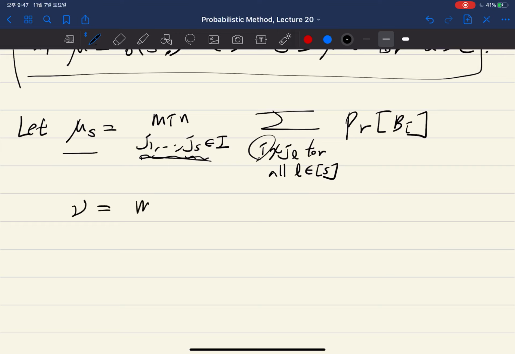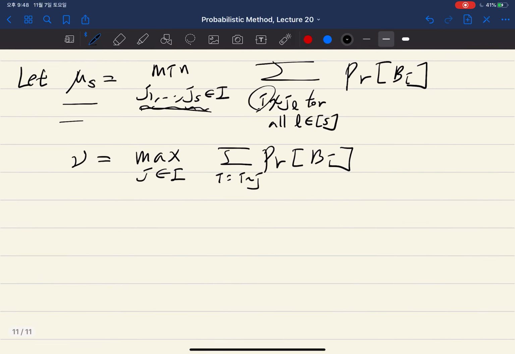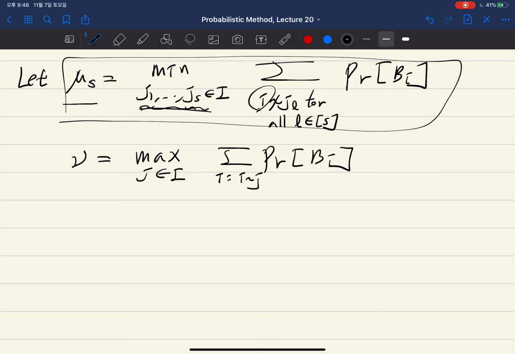And let's write nu as the maximum over all J, where you add up all probabilities of Pi where i is related to J. So what this means is that we want to add all the probabilities of Pi. If we add all of them, then we get mu. But we want to subtract the ones which are related to at least one of them.